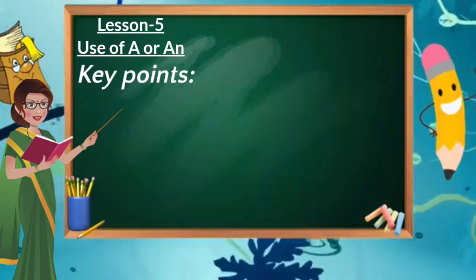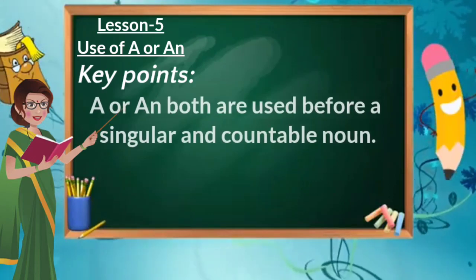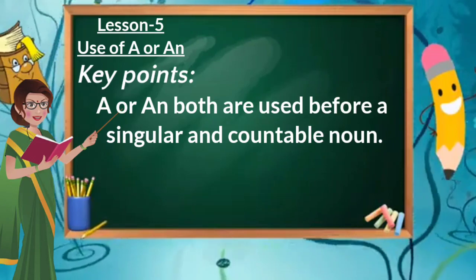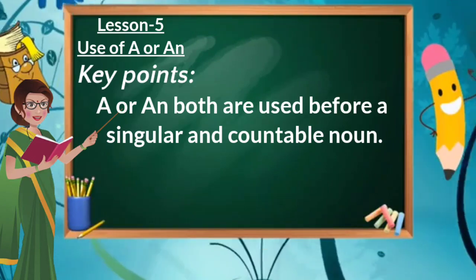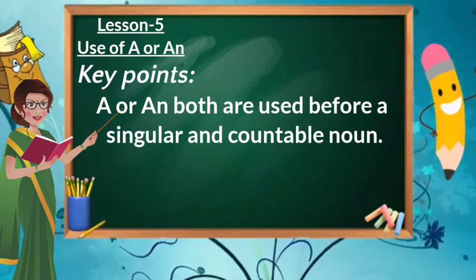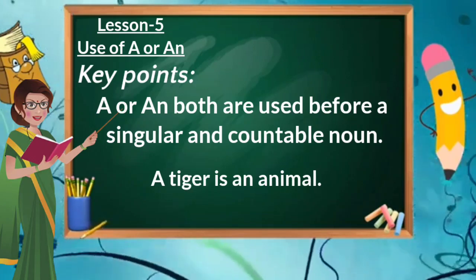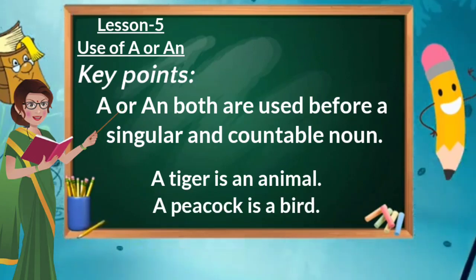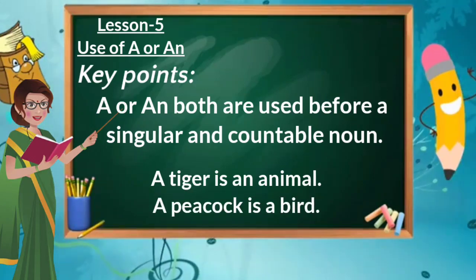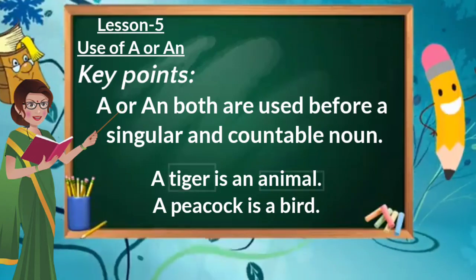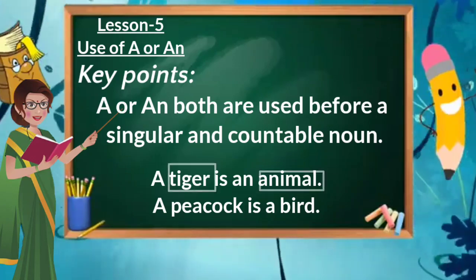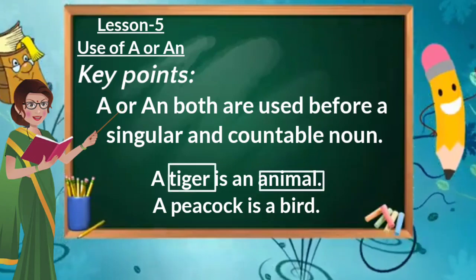Okay, so the first one: A or AN are both used before a singular and countable noun. For example, a tiger is an animal, a peacock is a bird. Both tiger and animal are singular and countable nouns.